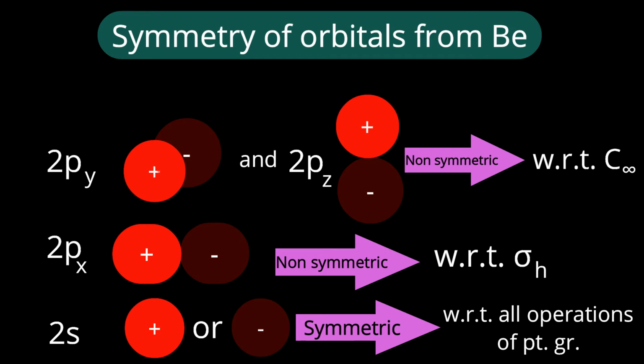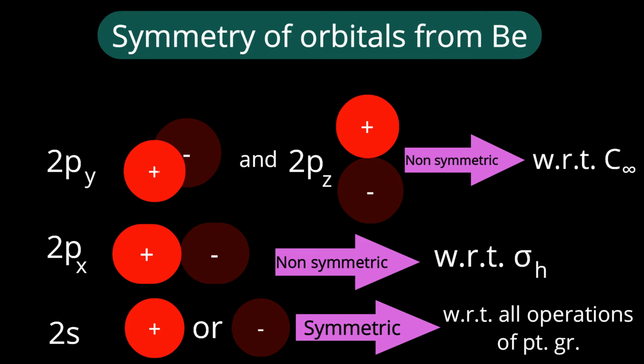The 2s orbital will be symmetric. Therefore, it is symmetric with respect to all operations of the D infinity h point group. Do you remember which group orbital has such symmetry? Yes, that's the psi1 group.